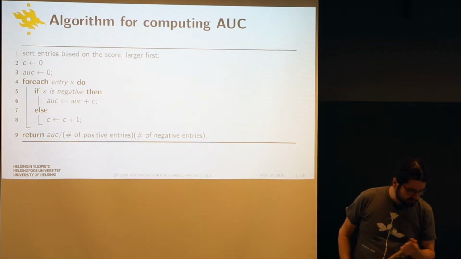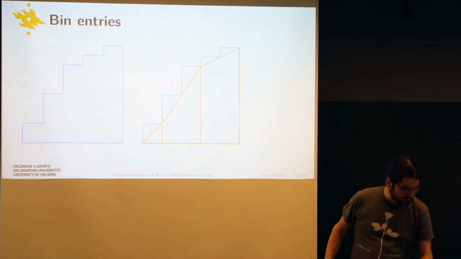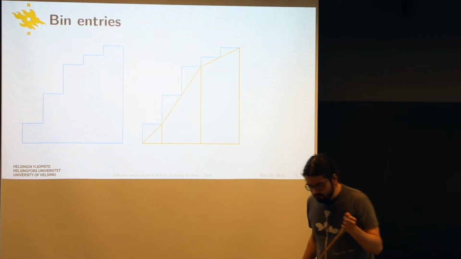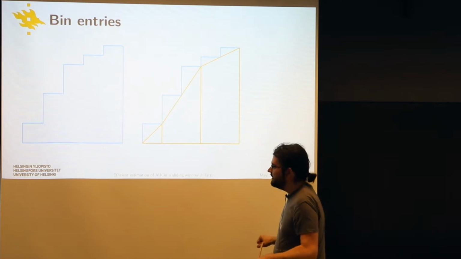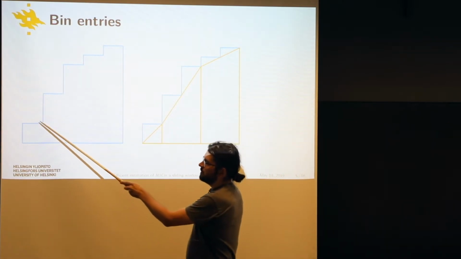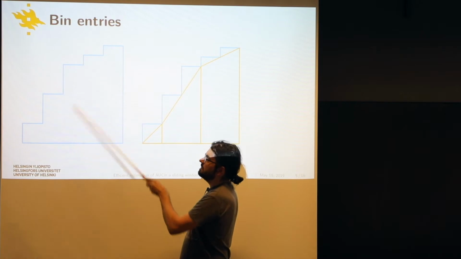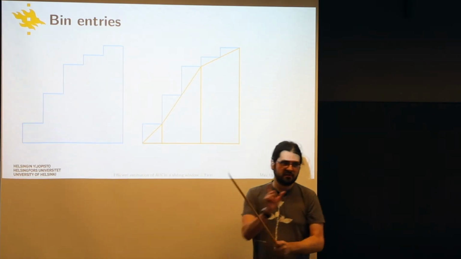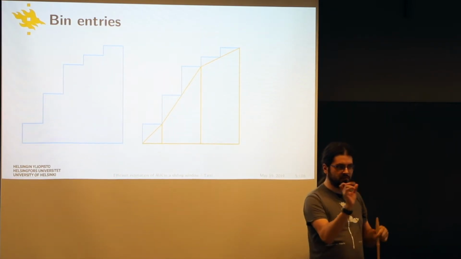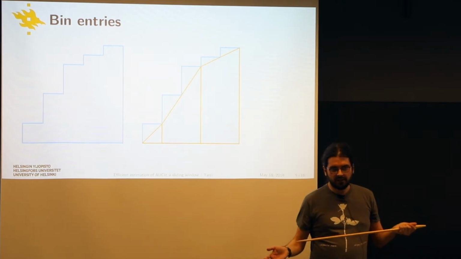Right. So what's the trick to estimate this thing? The estimation comes to, well, it's a very simple trick. In the end, what you want to do is that you don't want to count every single bin here. What you do, you just group these entries into larger bins, right?